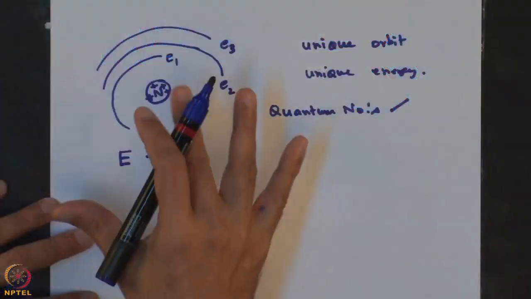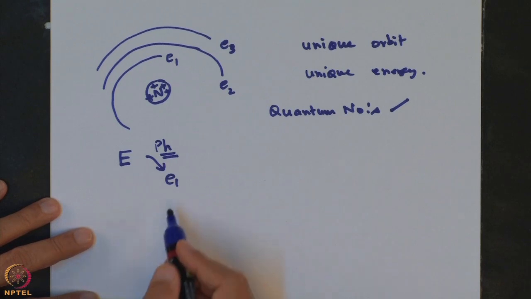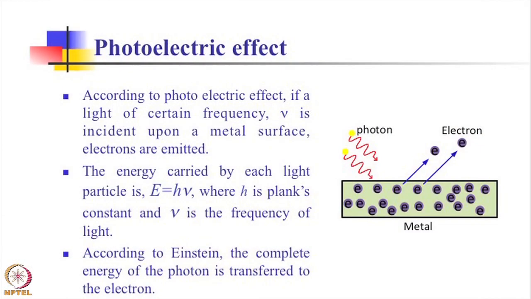The dual nature of light, people know that light has dual nature. It has both the particle nature as well as a wave nature, as proposed by Huygens and the other scientists. So, let us say that the light is falling on this atom, and let us say there is a photon which has got an energy which is more than a certain threshold energy associated with this electron.